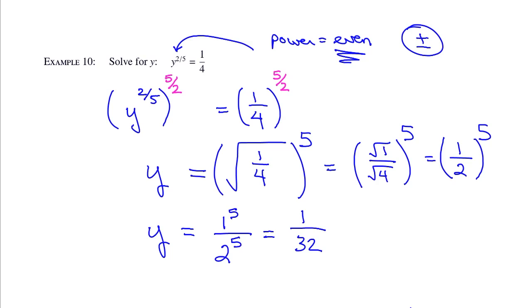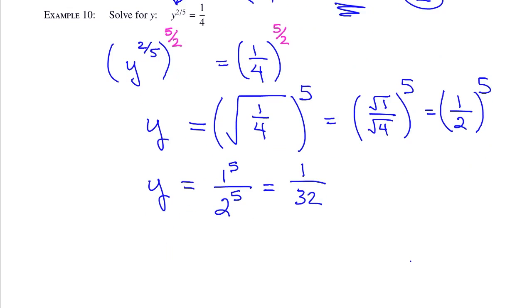So we don't know if it was positive or negative to start with, so we indicate that it could be positive or negative in the end. So the solution is plus or minus 1/32.